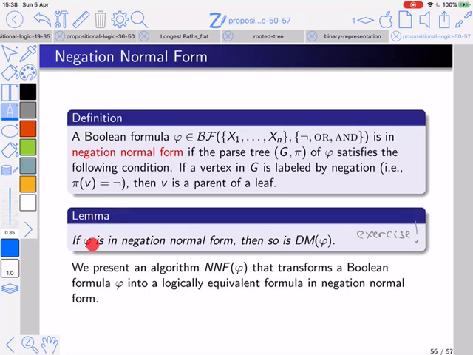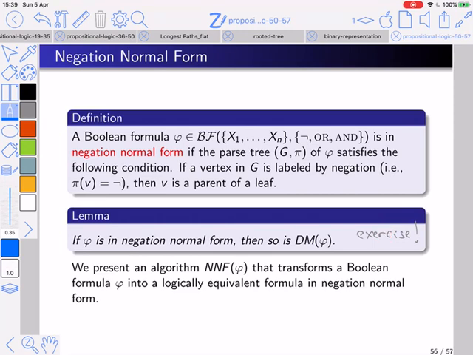If phi is in negation normal form, then the De Morgan dual of phi is also in negation normal form. In other words, the De Morgan dual preserves negation normal form. If you input something which is in NNF, the output will also be in NNF. And I'll leave the proof of this lemma as an exercise.